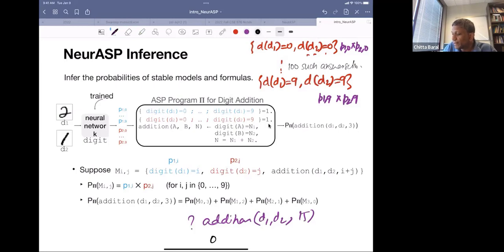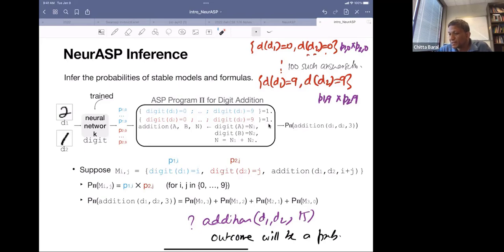You'll say yes with probability this much. And what is that probability? You look at all these 100 answer sets, and wherever the addition is 15, you add up all those probabilities. Then you can divide by the sum of all of them to normalize it, to make it really a probability. In the simple implementation that they have, that's not important, so they don't normalize.